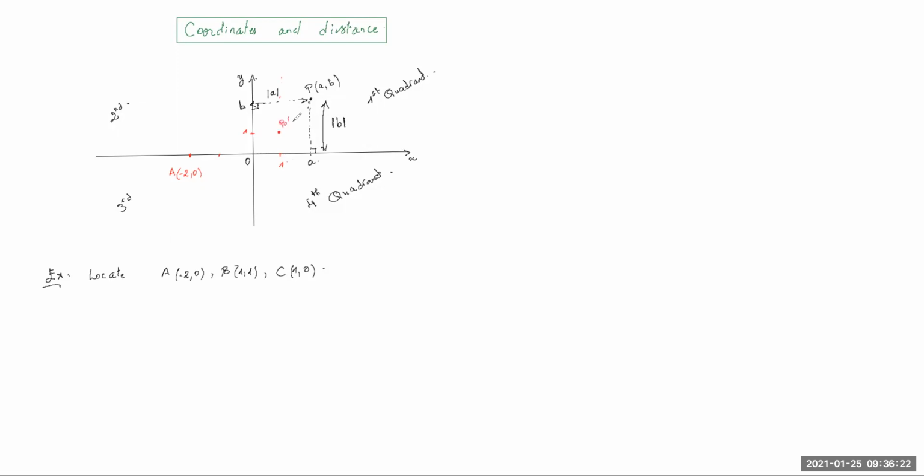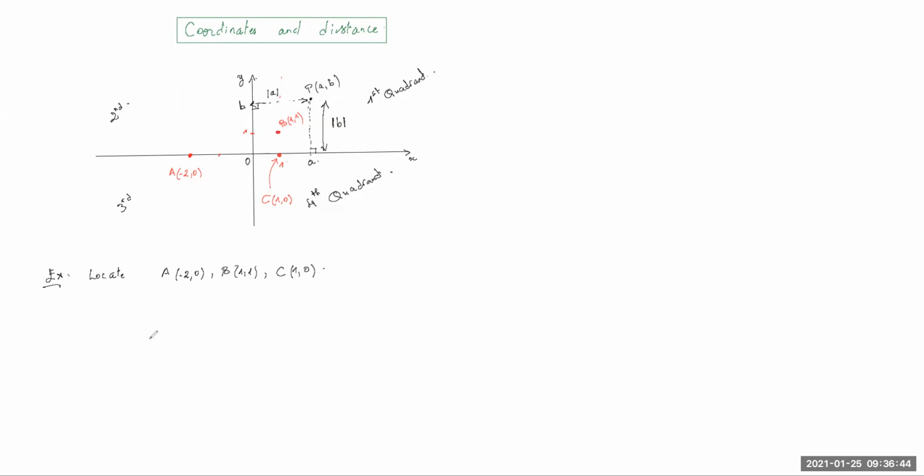My point B is 1, 1. And finally C will be this location: a distance of 0 from the x-axis means the point is located on the x-axis. So here are my 3 points.